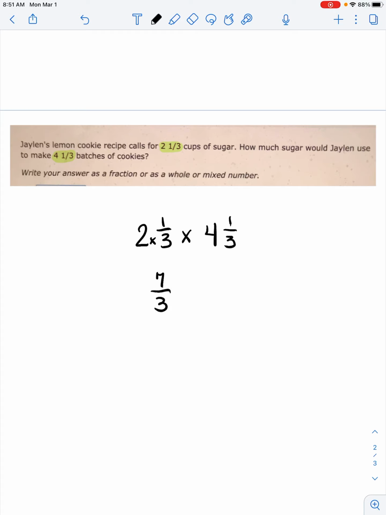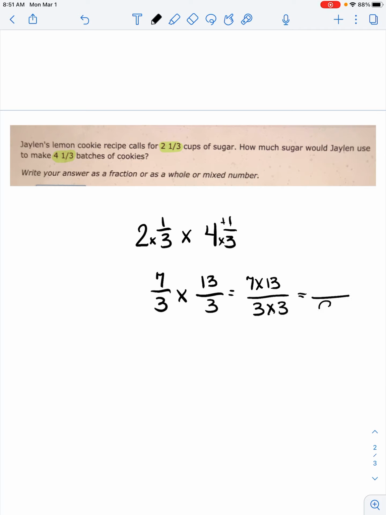So 7 thirds times 4 times 3 is 12, plus 1 is 13 thirds. And so that's going to be equal to 7 times 13 over 3 times 3.